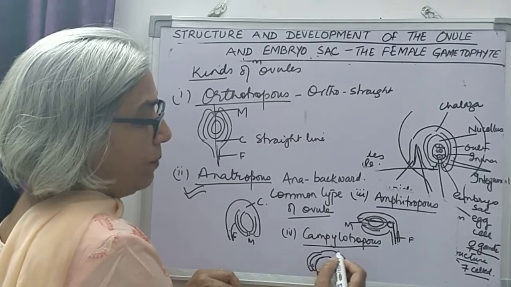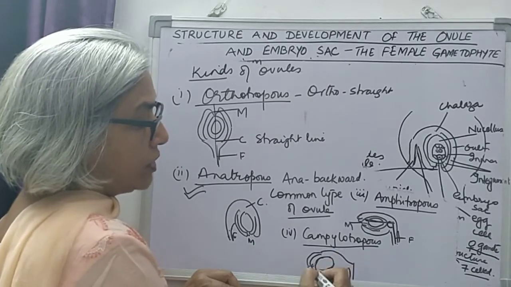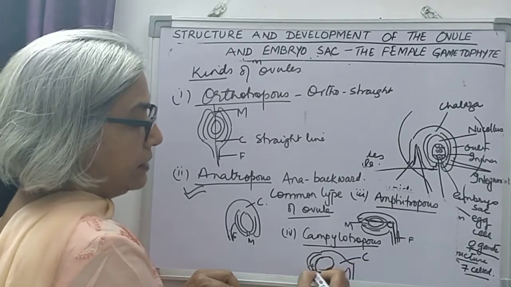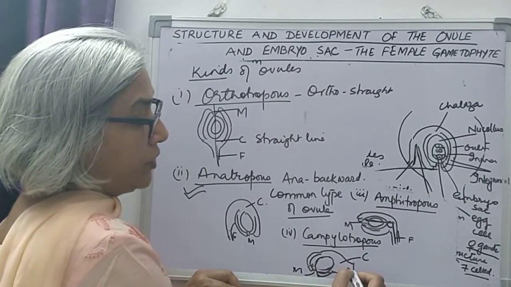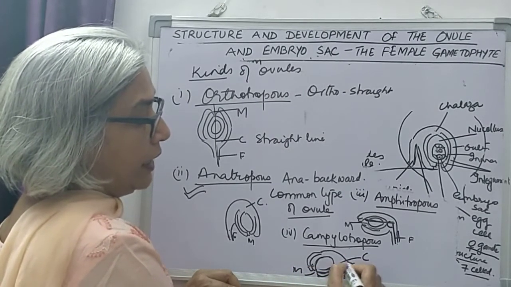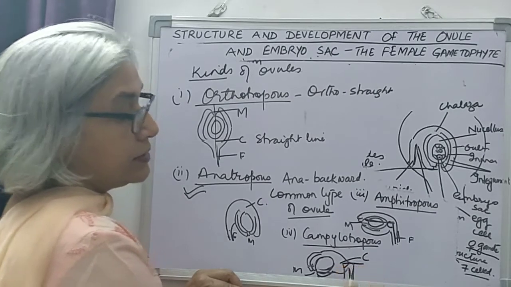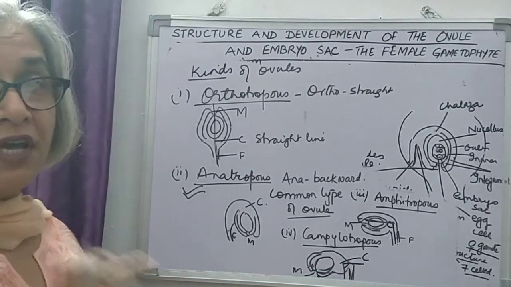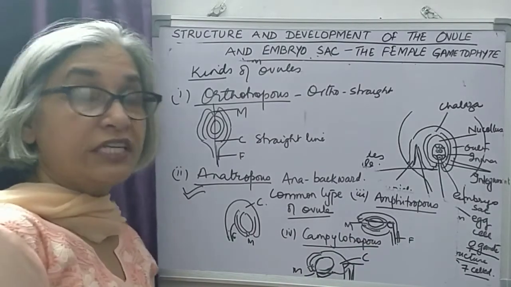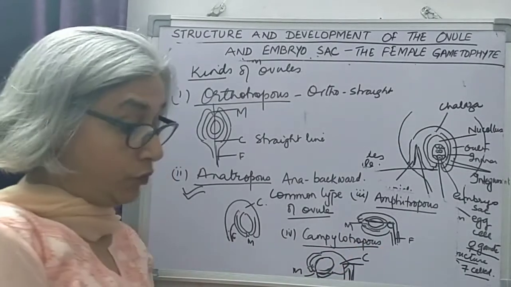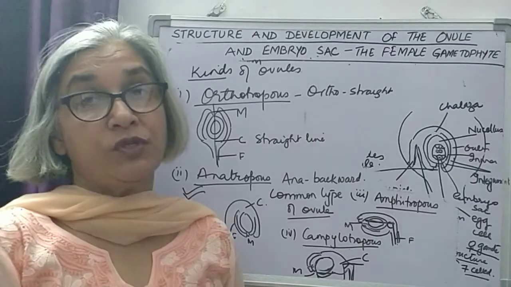So the micropyle and the chalaza are not in a straight line. This is the chalaza, this is the micropyle. The funicle is at right angles to the chalaza, and the micropyle and chalaza are not in a straight line. Then the ovule is called the campylotropous ovule.